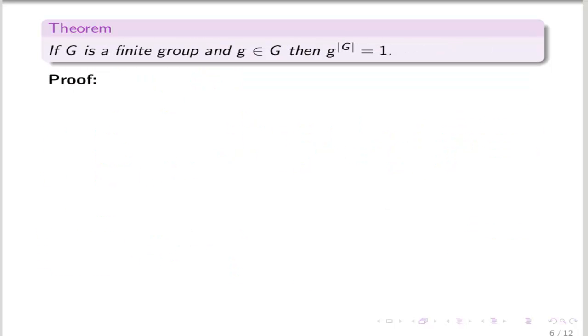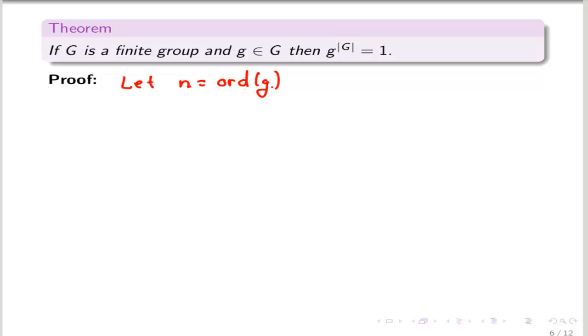Next theorem. If G is a finite group and little g is an element of capital G, then if I take little g and I raise it to the order of the group that it's living in, that's the identity. And, well, this is just putting a couple things together. So let n be the order of little g.